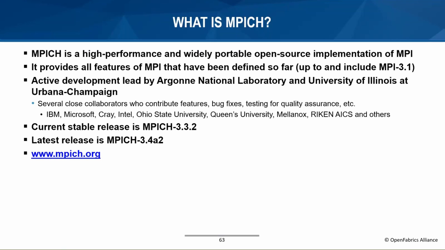The latest version we have is 3.3.2, but what we're currently working on is the 3.4 series, which is supposed to come out this summer. If you're interested, this is our website where you can find more information about the library. Next, please.